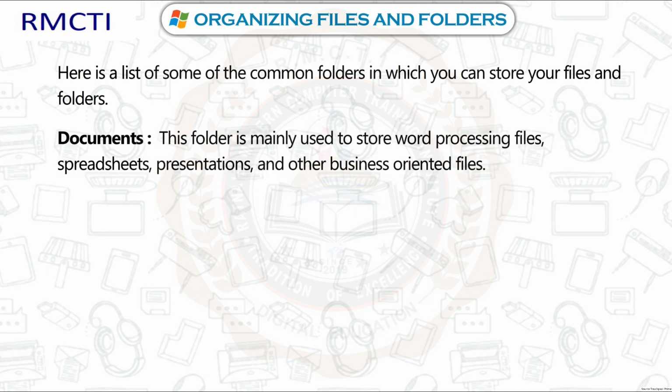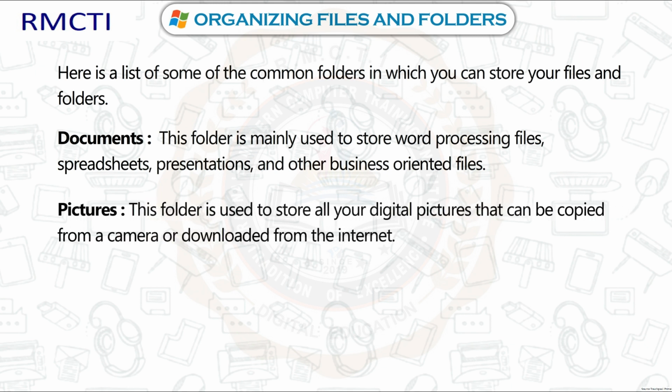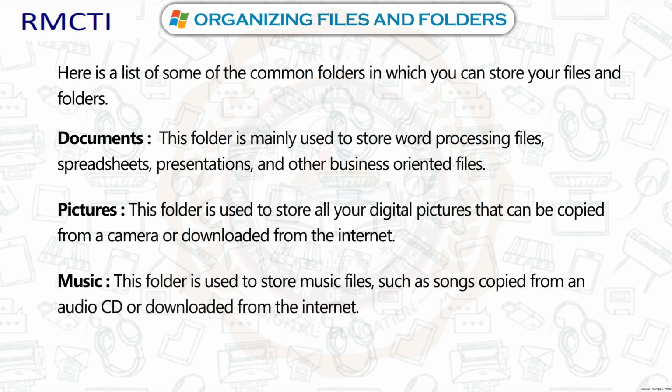Documents. This folder is mainly used to store word processing files, spreadsheets, presentations, and other business-oriented files. Pictures. This folder is used to store all your digital pictures that can be copied from a camera or downloaded from the internet. Music.